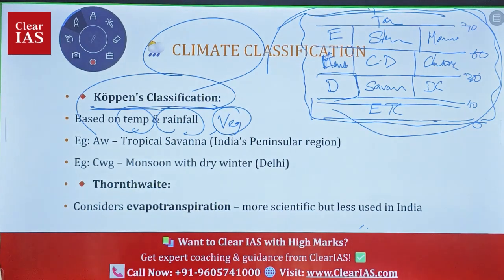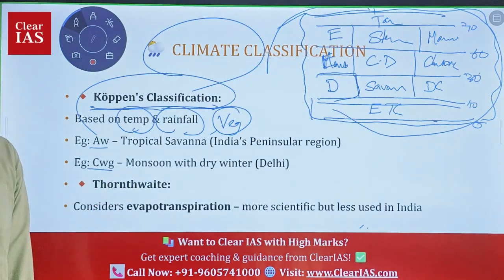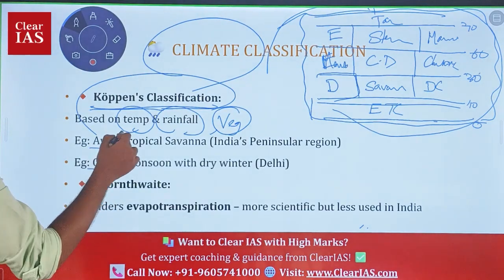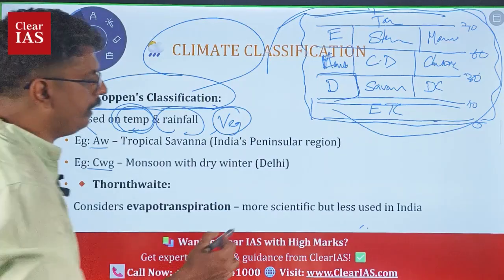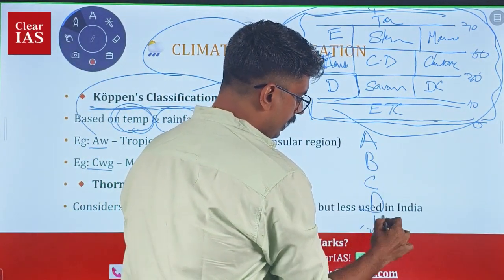And he gave letters representing different temperatures. For example, when he talks about temperature, he used the letters A, B, C, D, and E.